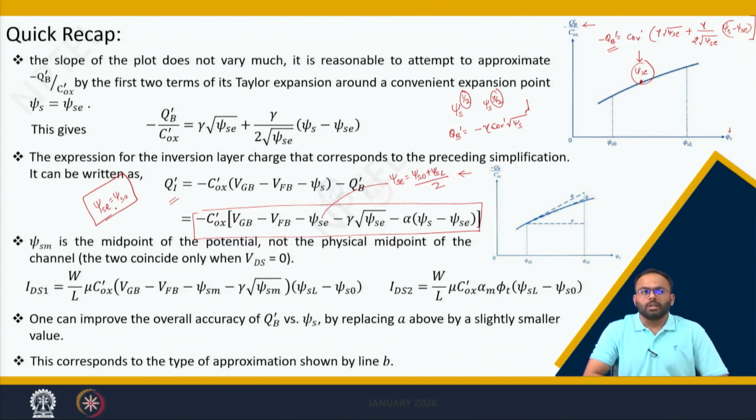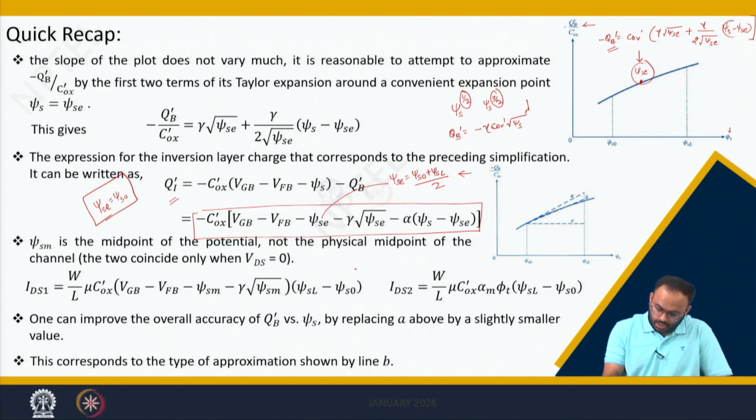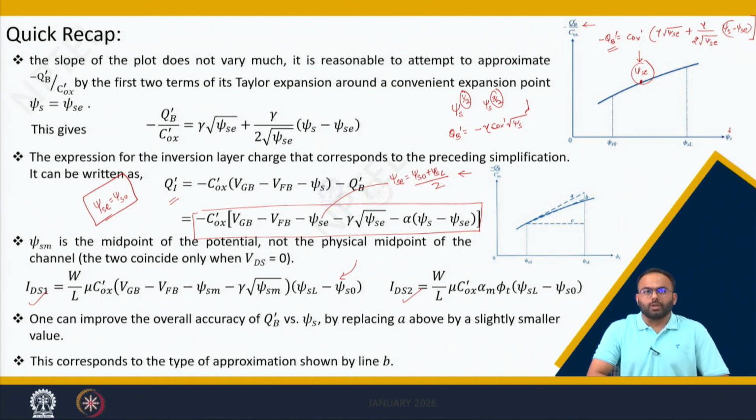Accordingly, we found the linear equations in terms of psi sl minus psi s0 for IDS1 and IDS2. We also claimed that the accuracy of this linearizing point depends upon the slope you are choosing. This slope is nothing but gamma divided by 2 times root psi se. So based on the choice of linearizing point or expansion point, you get the accuracy in your linearization.